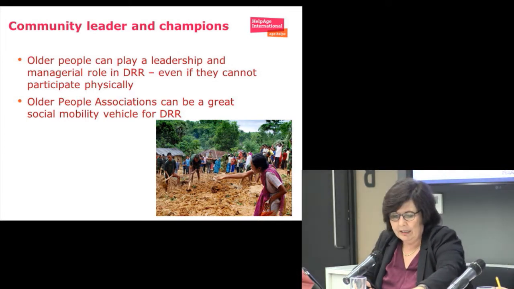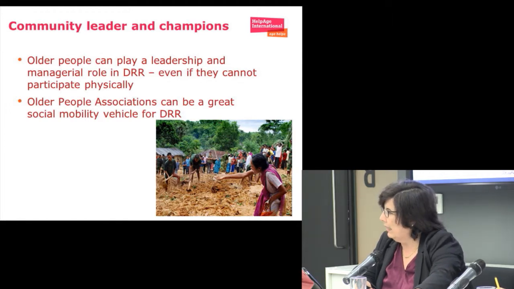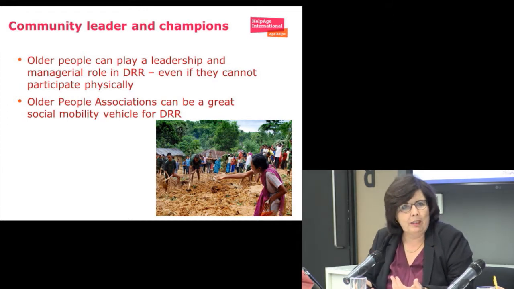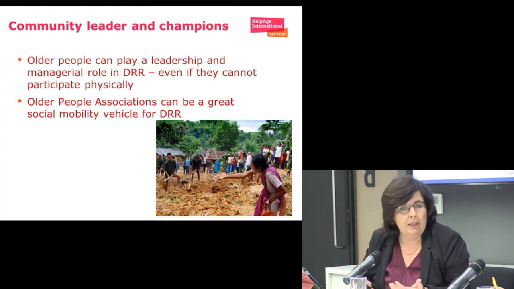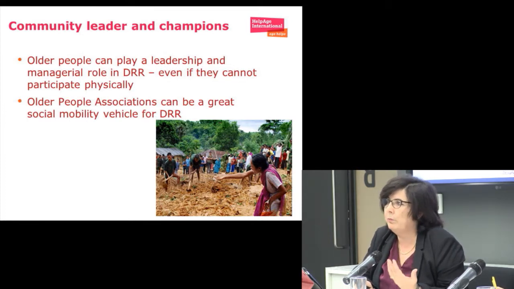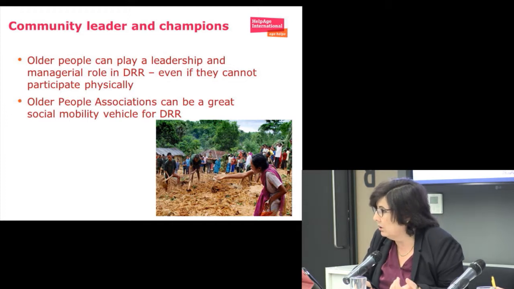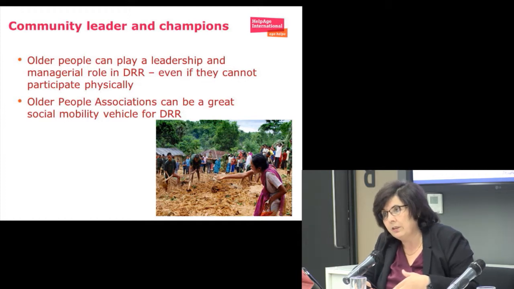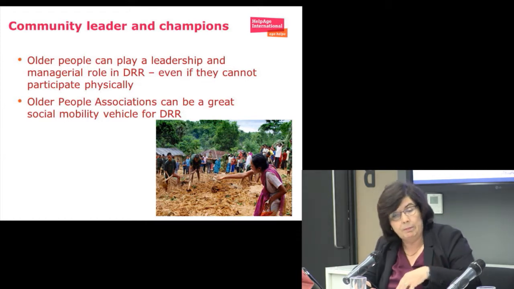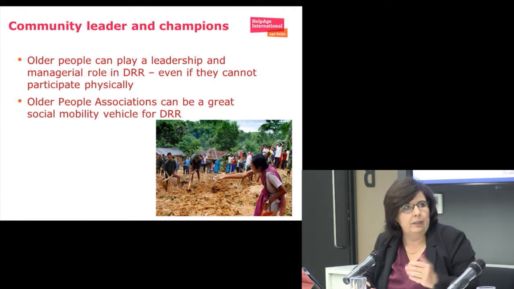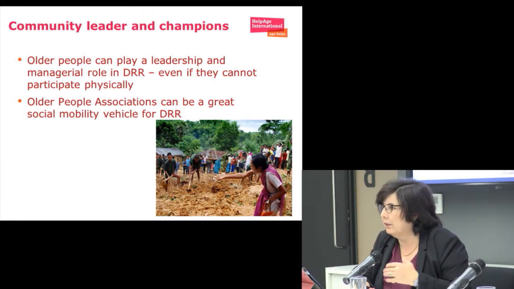We have significant experience at HelpAge in looking at how you support older people. They have this knowledge, they have this position in communities, they have all this potential. How do we actually mobilize this potential? The experience that we have had is through the development of older people's associations. Older people's associations are community-based organizations that bring together older people, sometimes older people and other members of the communities, and they do a number of activities, including disaster risk reduction.